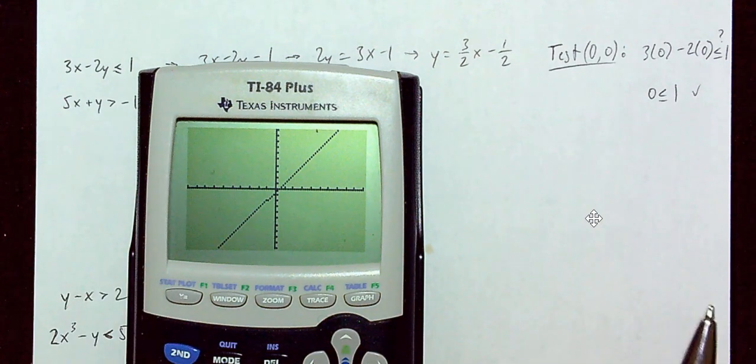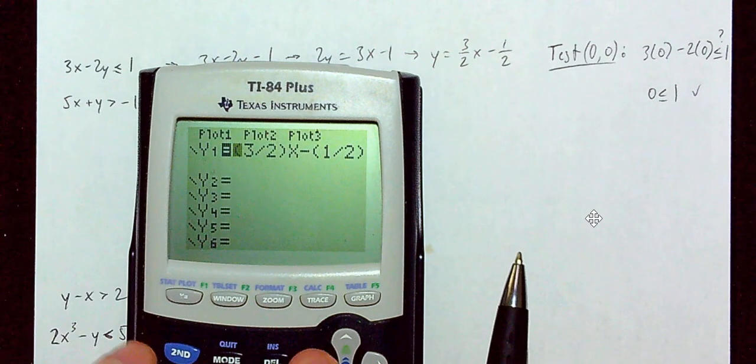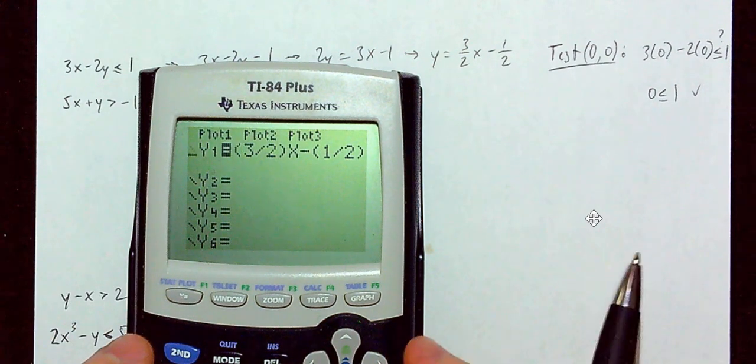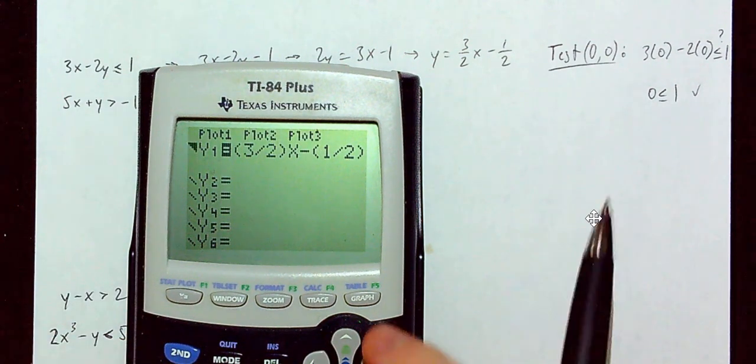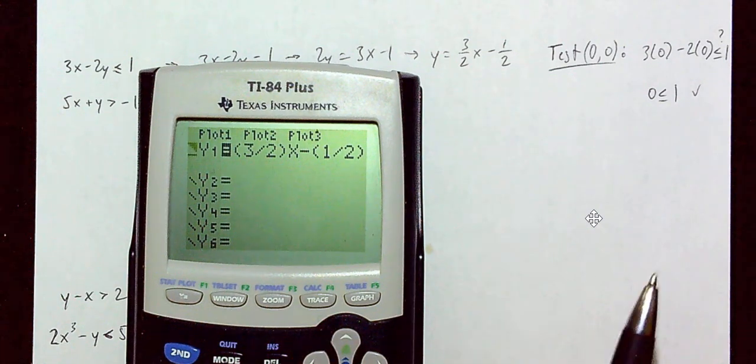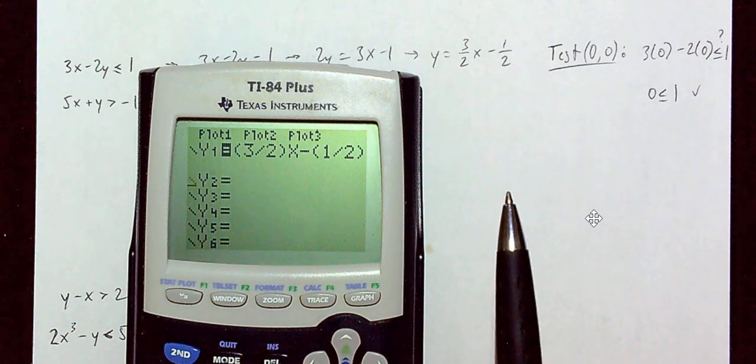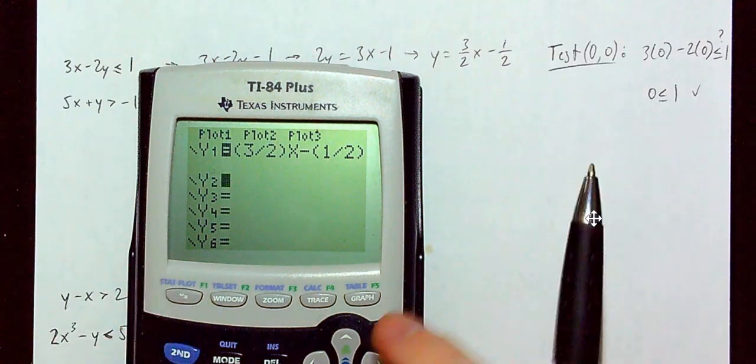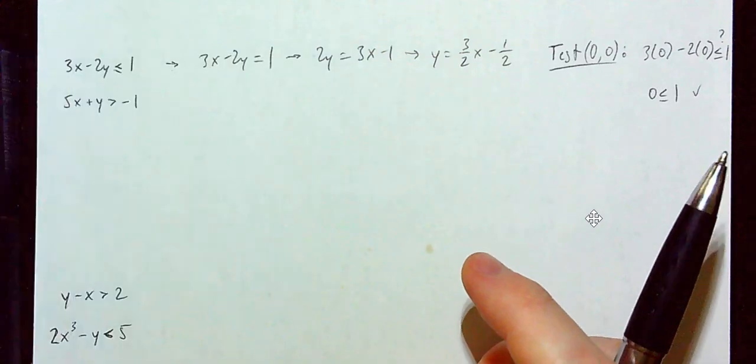Now, we're not going to plot it yet, but I know that when it comes time to, I'm going to be using this option right here. I'm going to use that upper shade in symbol. All right, we have our second equation that we have to solve.